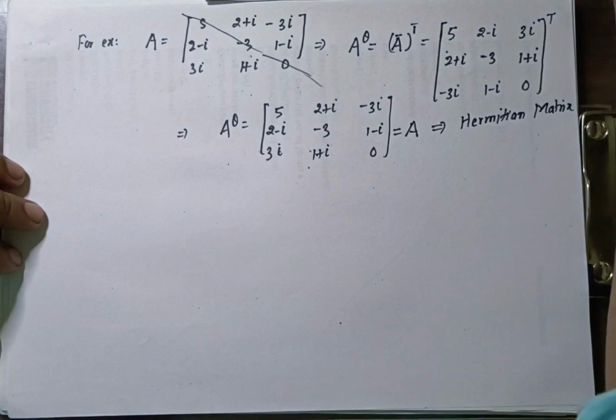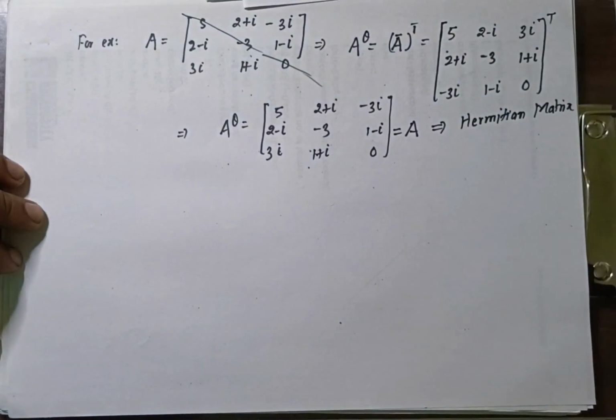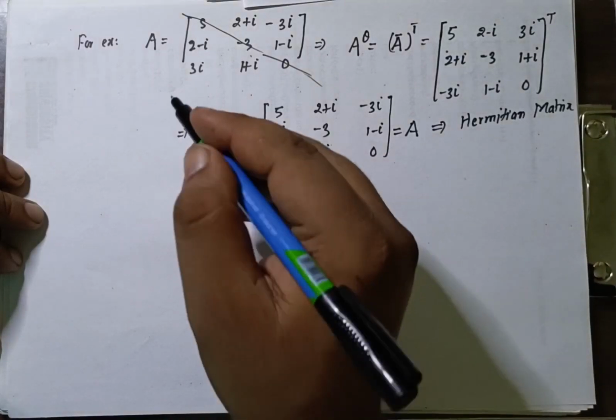Now here we take another example, in case of a skew Hermitian matrix.